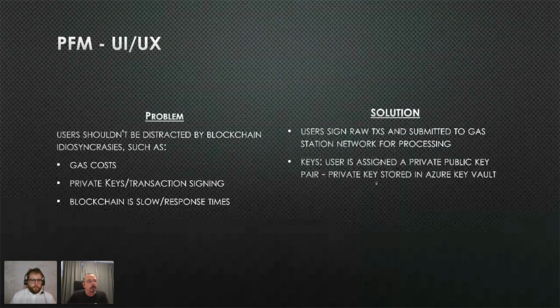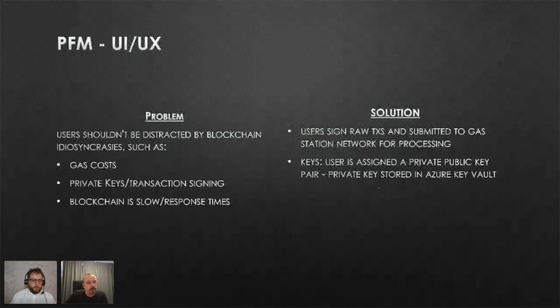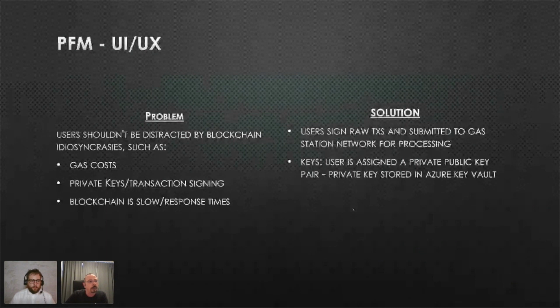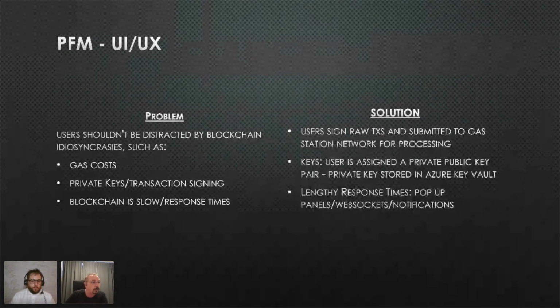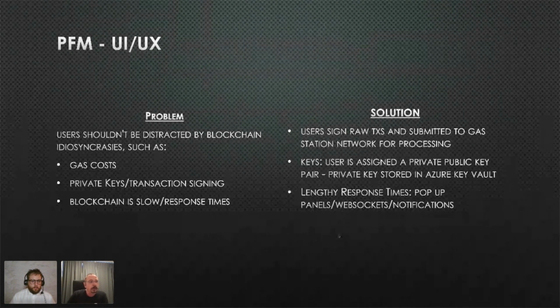In terms of keys, transparent to the user, we assign every user a private-public key pair. We store the private key in an Azure Key Vault. The user data is stored in the authentication service, and access to the private key is limited to our transaction manager.